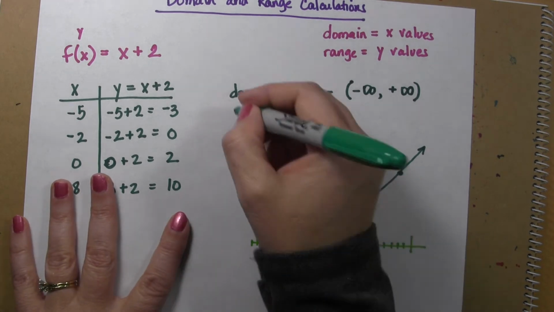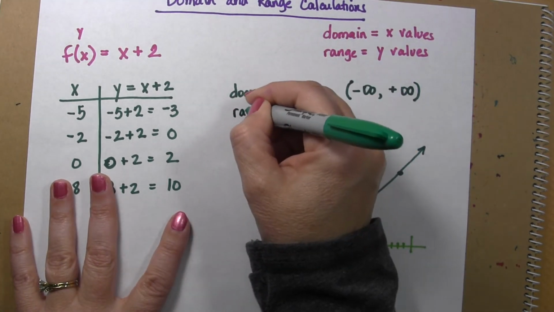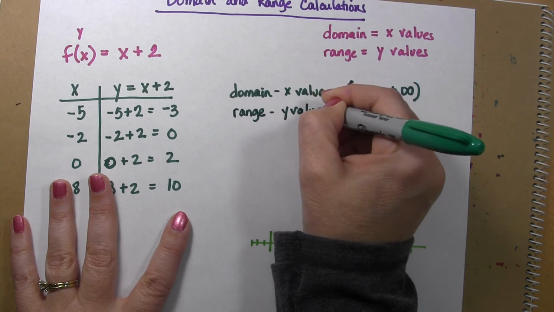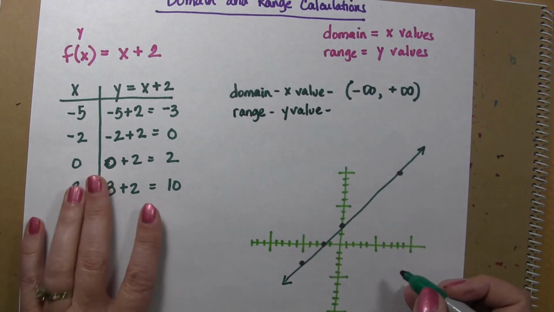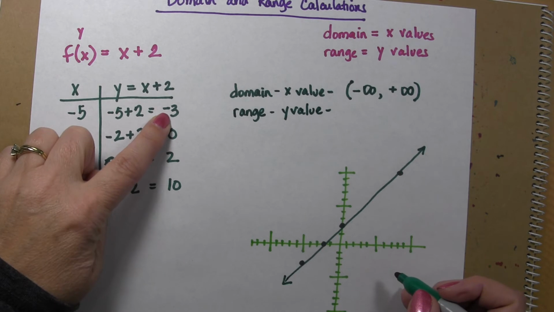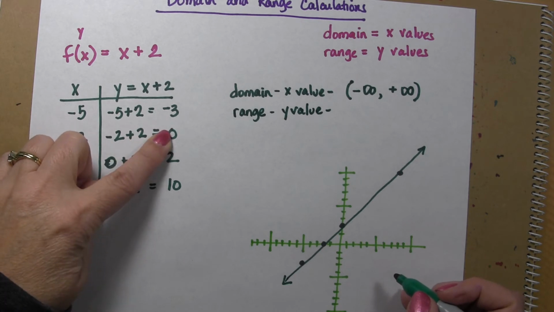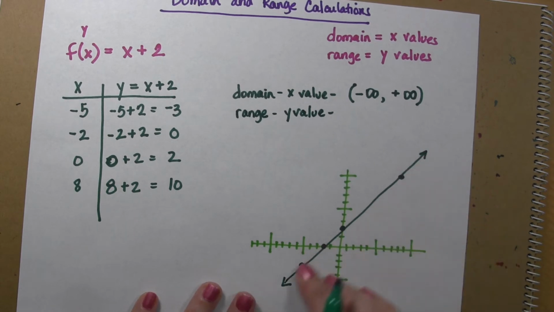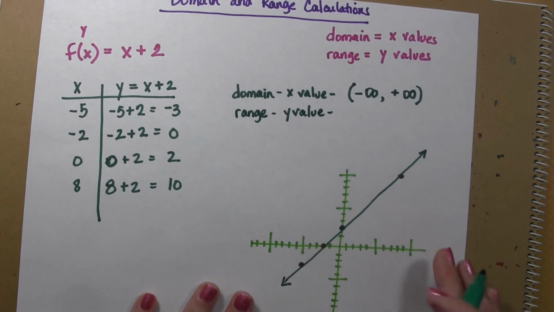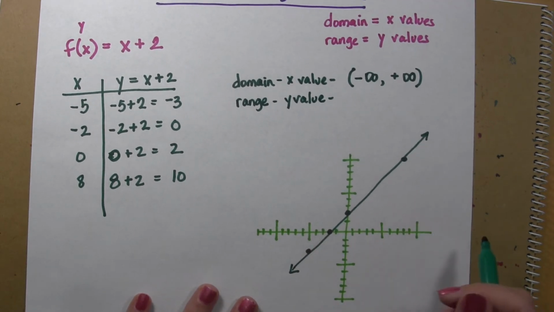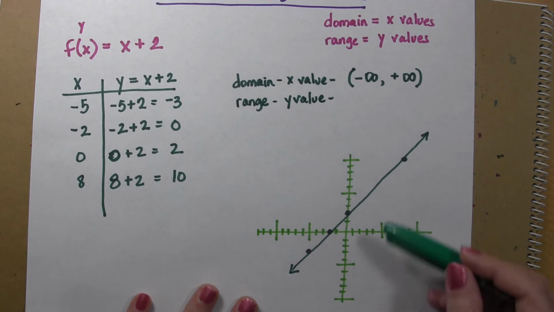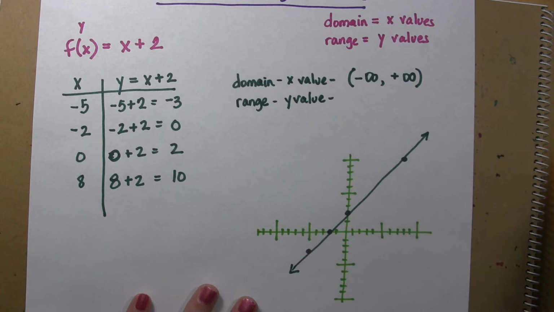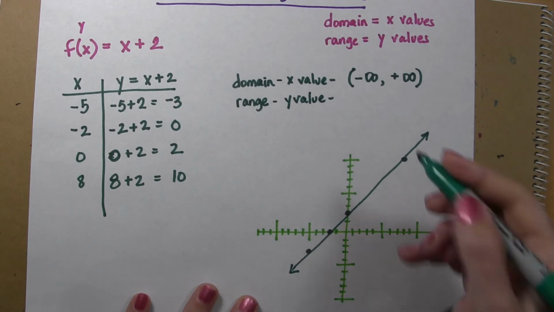My range, which is my y value, could it be anything? Well, yeah, here we have a negative y, here we have a 0, here we have some positive y's. I look at my graph and I think any number that I pick, even if I pick like 572, I will eventually have a y of 572. I would also have a really big x, but that's okay.